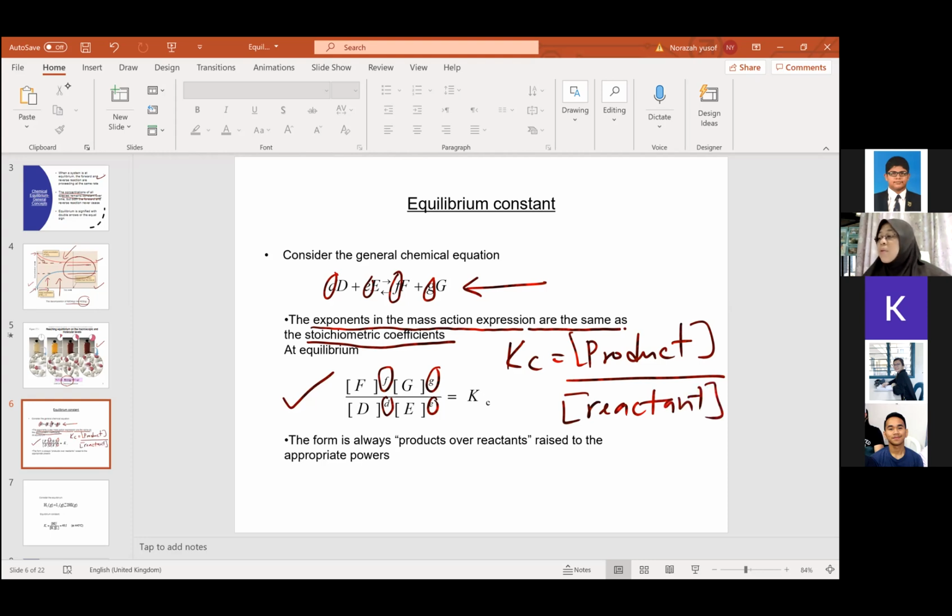If it is for the reverse reaction, you can name it negative, and now D and E will be the product, F and G will be the reactant, and the power will be similar to the coefficient. I'm sure that you have come across this. It's not something out of this world. This is something that you have gone through.